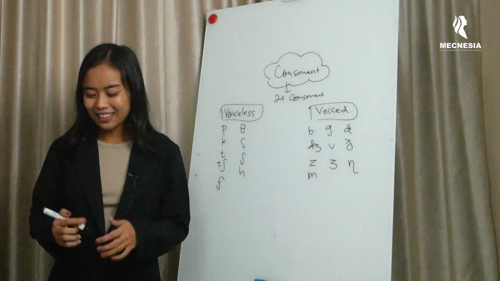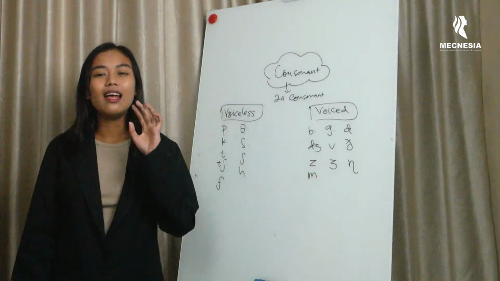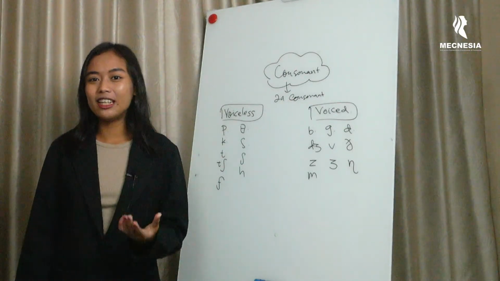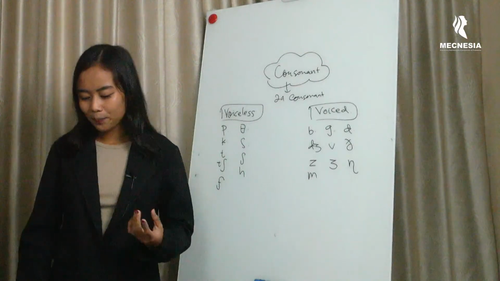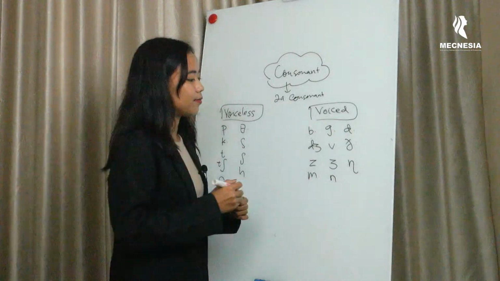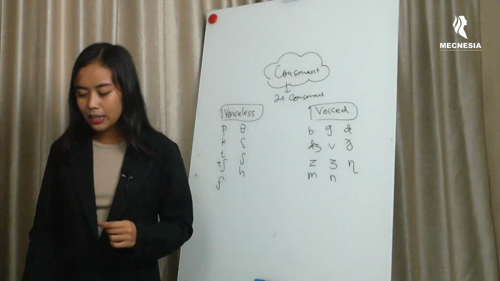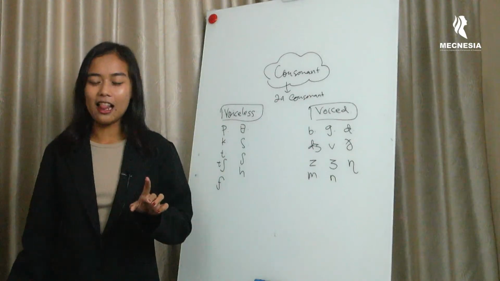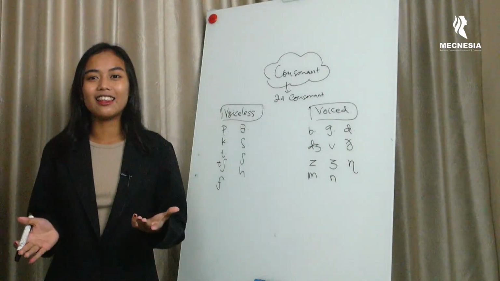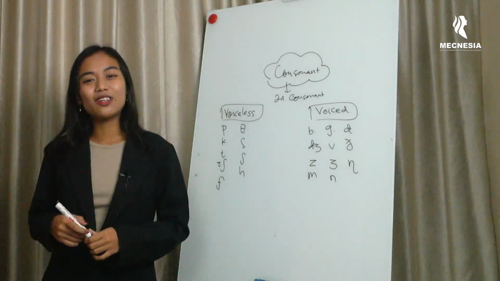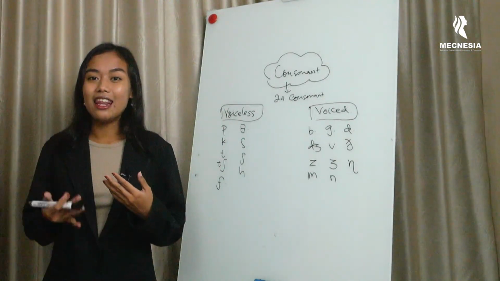Next is n sound. Bunyi yang bakal kita temuin di kata nail. Nail. The next sound is l sound. L sound. Bunyi L. Yang bakal kita temuin di kata let. Let. Let's try it together.